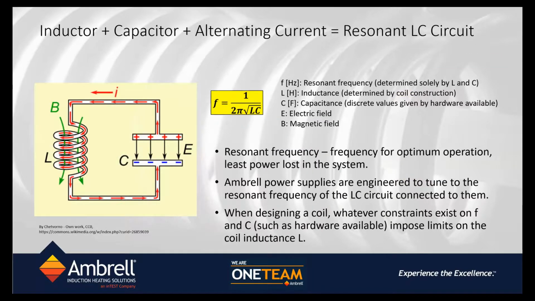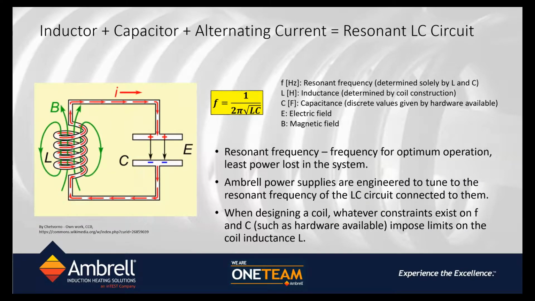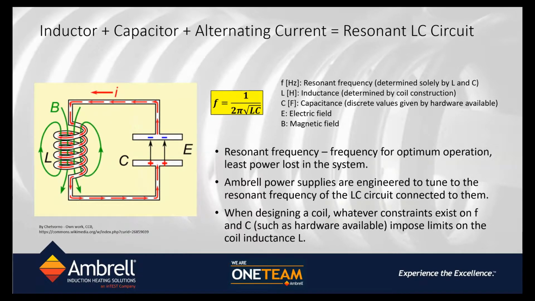The remote workhead that we just talked about is the C shown in the picture here. The L is the induction heating coil. The electrical characteristic of the C is given by the capacitance, which is given in farads, and the inductance, which is the L term for the coil, is called the magnetic inductance.